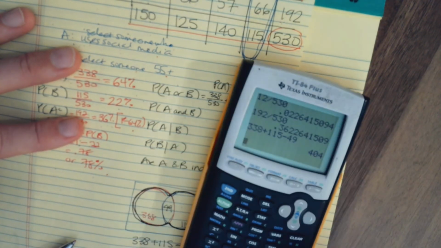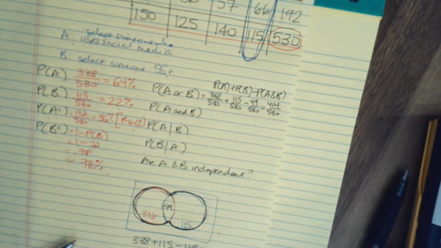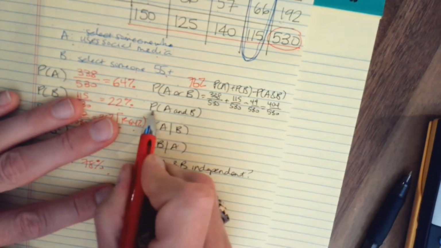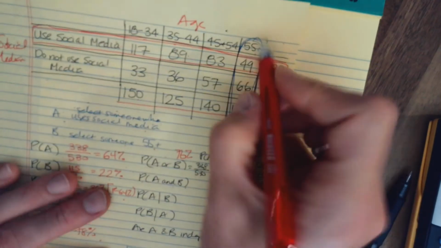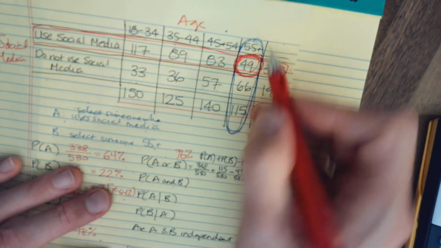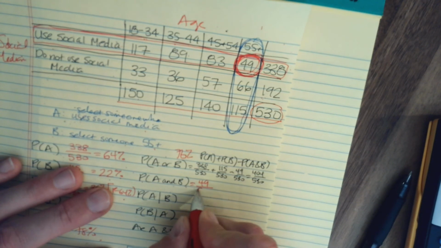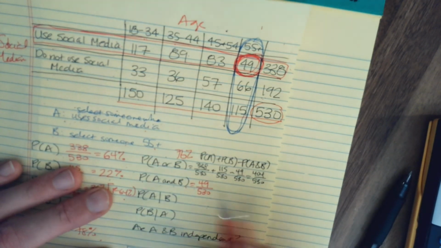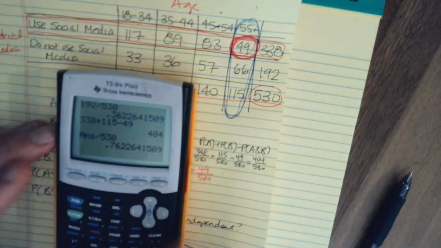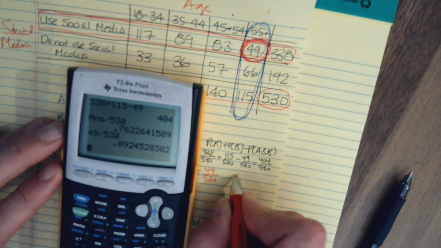And so divided by 530, that's about 76%. Now A and B, that's this intersection. That's where the overlap is. So this is simply the 49 out of 530. That's both things happening in one selection. And 49 divided by 530 is about 9%.